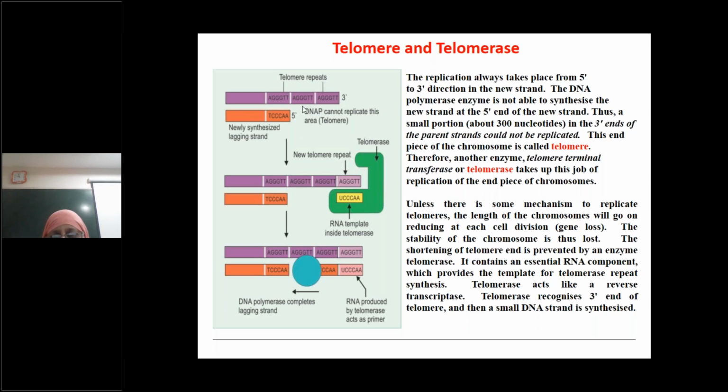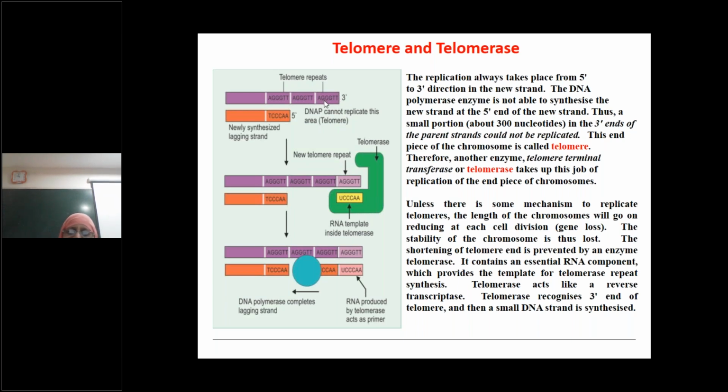So this 3' end of the parental strand cannot be replicated. This end piece of the chromosome, where the new strand cannot be replicated, is known as the telomere.